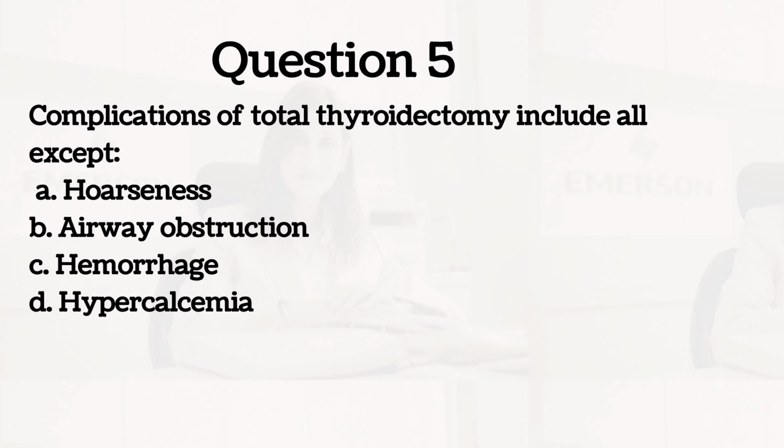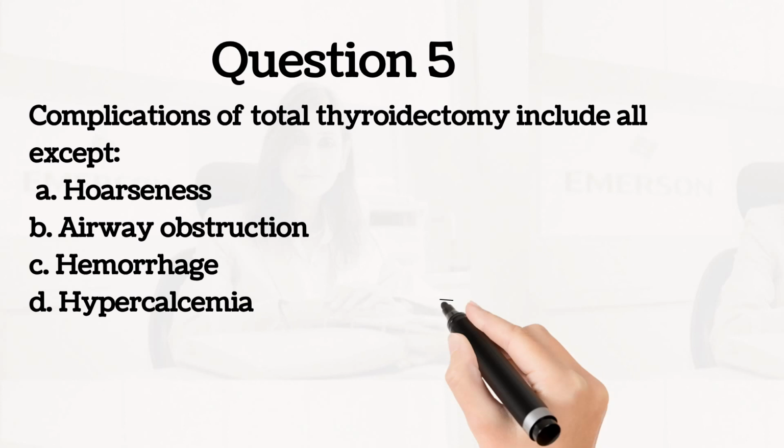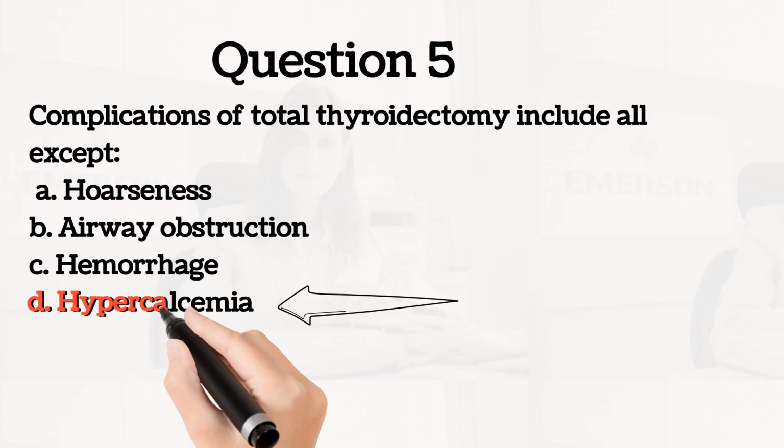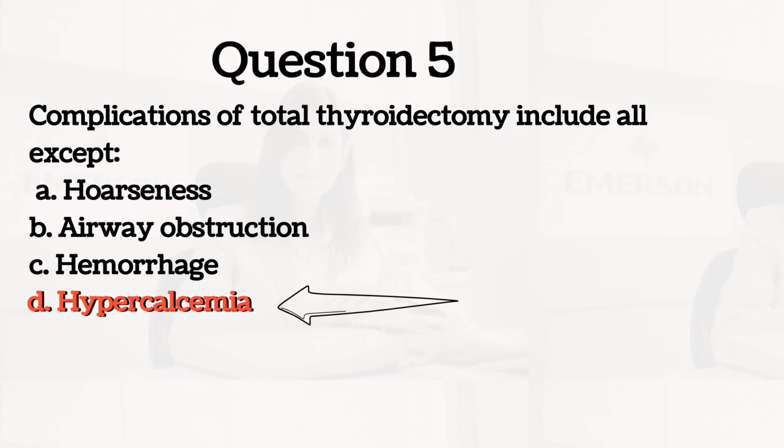You can't have hypercalcemia, it should be hypocalcemia. The answer is D. If the answers are coming in fast, feel free to pause the video, so that by the time I'm giving you the answers, you have already answered.